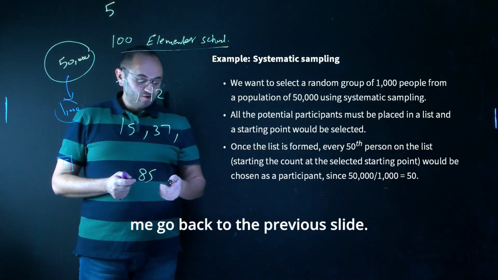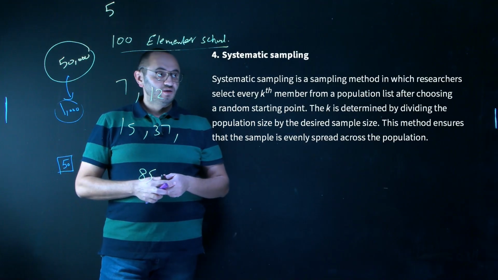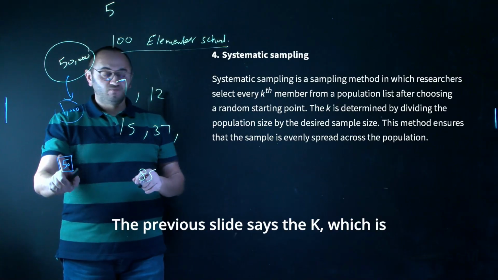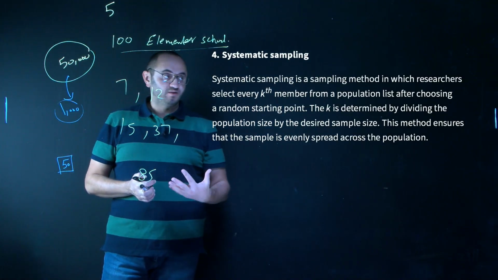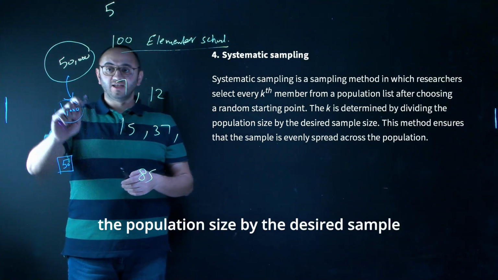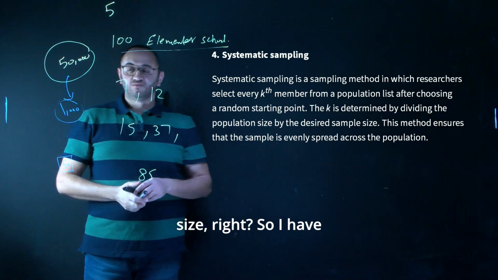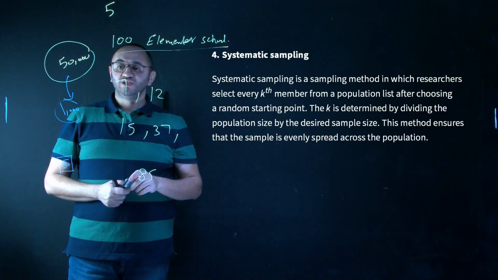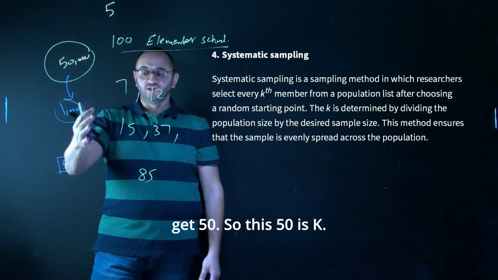Let me go back to the previous slide. The previous slide says the K, which is 50 in this example, is determined by dividing the population size by the desired sample size. So I have 50,000 as my population size, and I need a sample of size 1,000. When you divide, you get 50.